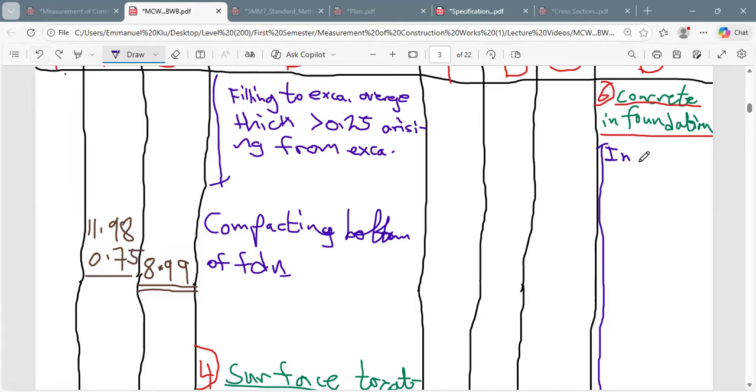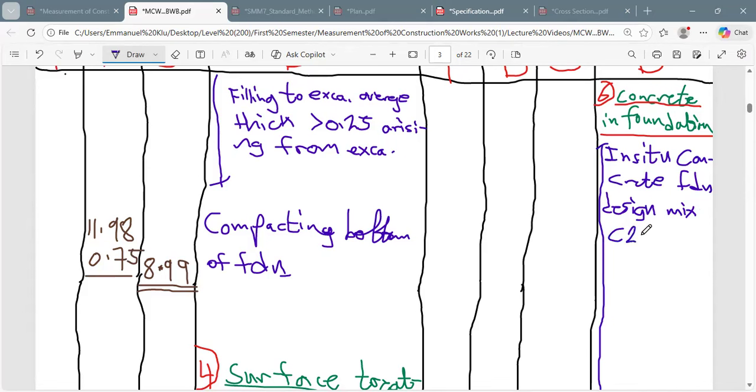So the in situ concrete foundation design mix is what?